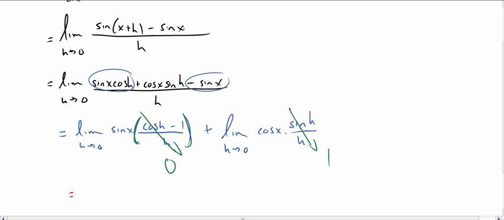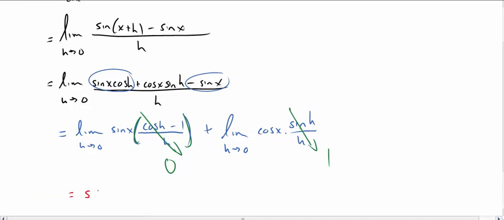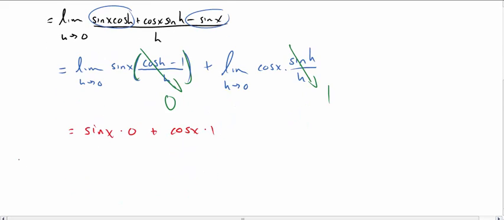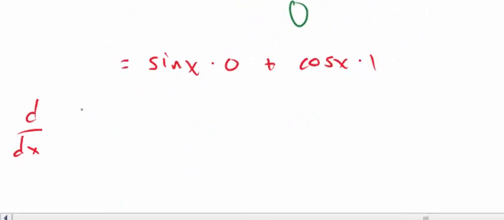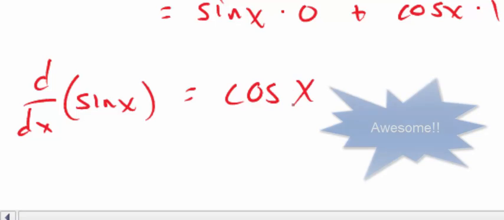So this expression has now become sine x times 0 plus cosine x times 1. So the derivative with respect to x of sine x is equal to cosine of x.